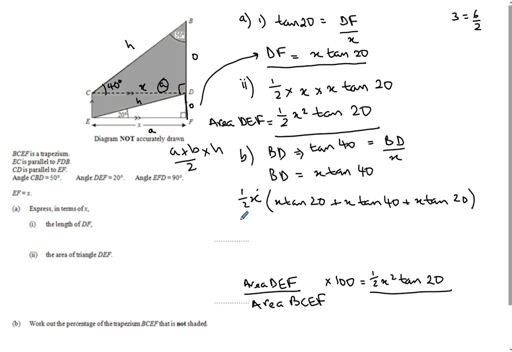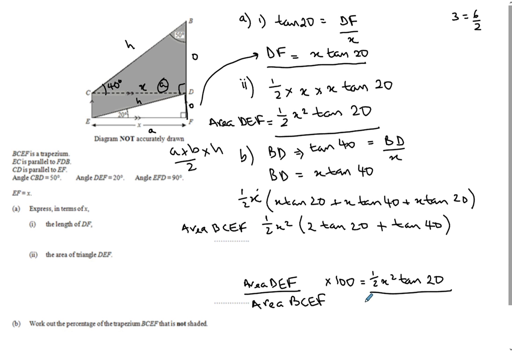Okay, all right. Can you see that they all have x's? So you're going to go half x squared, and then you've got tan 20 and tan 20, so you've got 2 tan 20s plus tan 40. Okay, so that's the area of BCEF.